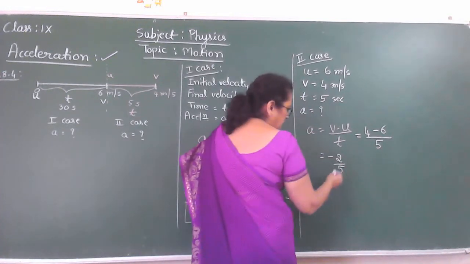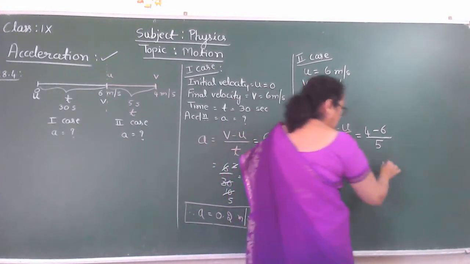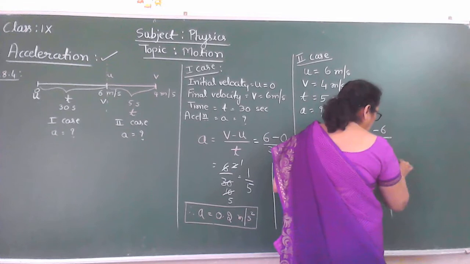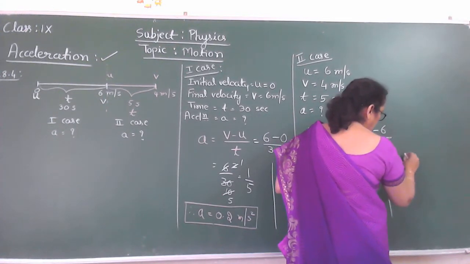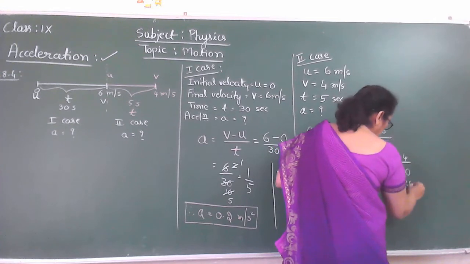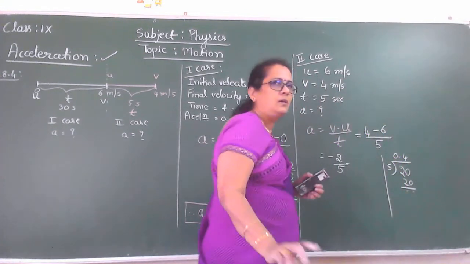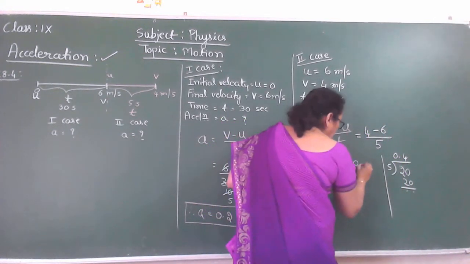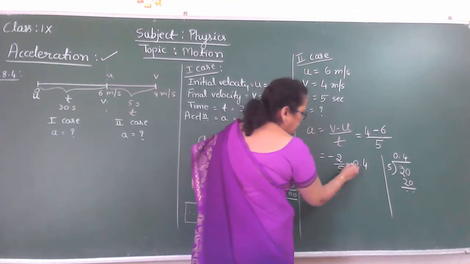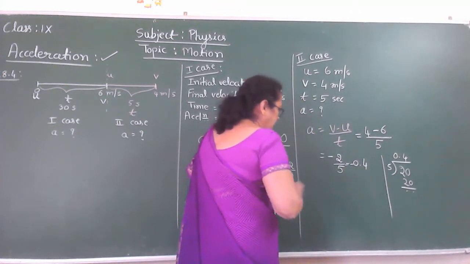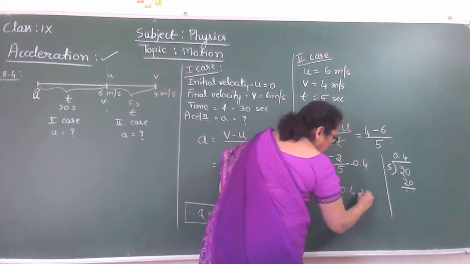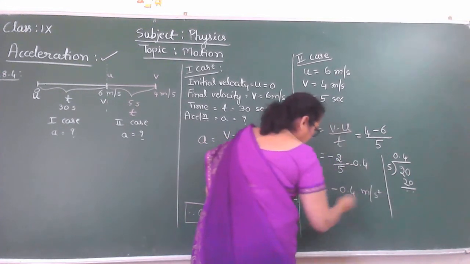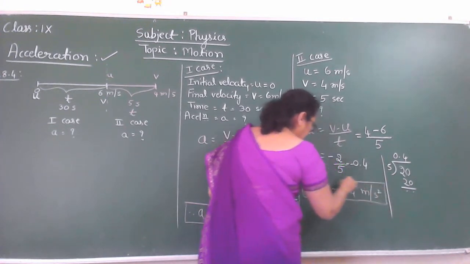Minus is there, so you divide 2 by 5. Take decimal, it gives 0. 5 fours are 20. That is 0.4, but you put the minus sign. Therefore a is equal to minus 0.4. What is the SI unit? That is meter per second square.